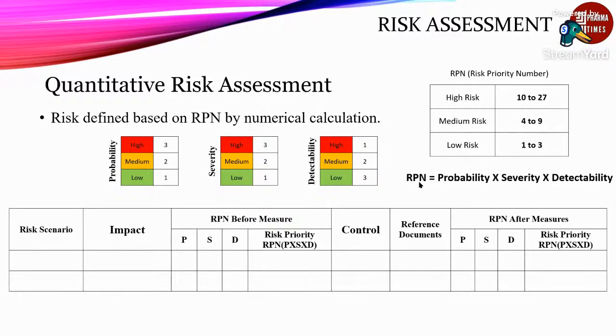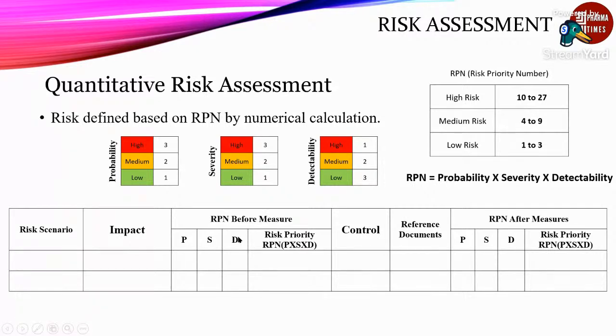The table is the same: what is the risk scenario for your URS, and what is the impact of that risk. And here P means probability, S means severity, and D means detectability. Here we don't consider high, low, medium as in the matrix, but we use the numeric approach.